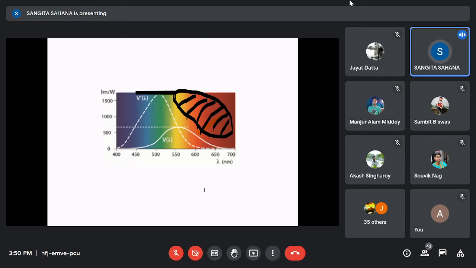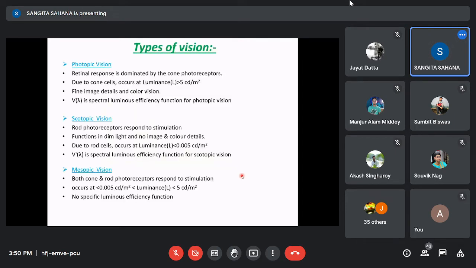So how much light we are seeing from the light source depends on the eye functions too, how much we are detecting, right? So that totally depends upon this V lambda function and the V dash lambda function. So depending upon that, there are three kinds of vision. One is photopic, then scotopic, then mesopic vision.